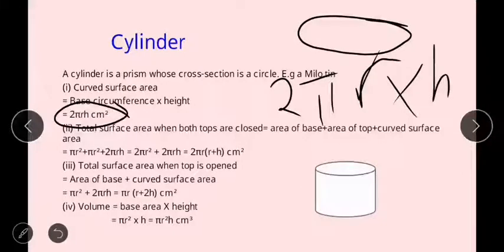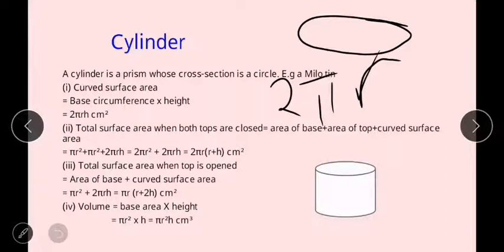I deliberately put that centimeter square to remind you of the unit. When you are talking about area, anything area, whether curved surface area or total surface area, always put your unit in squared. If you are dealing with meter, your unit would be meter squared. And if you are dealing with centimeter, your unit would be what? Centimeter square.